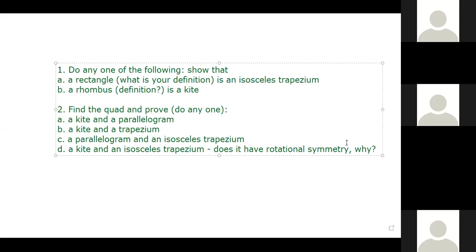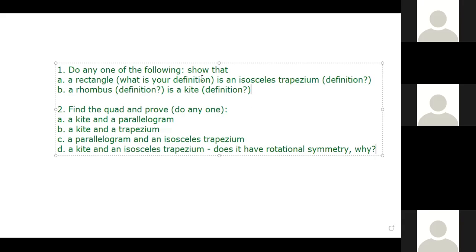Okay, so 2 questions and you have a choice. In case of both, whether it is an isosceles trapezium or a kite or a rectangle or a rhombus, in each case you have to very clearly state what you mean by an isosceles trapezium, what you mean by a kite. So this first definition of a rectangle is your starting point. This is what you have.